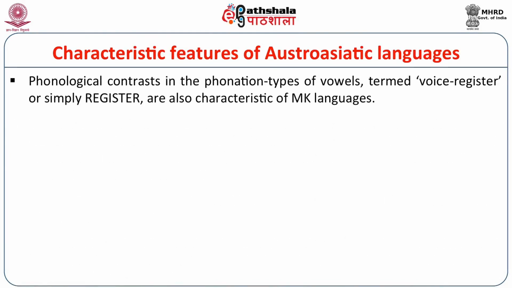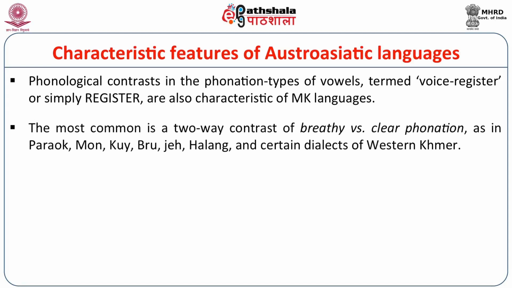Phonological contrasts in the phonation types of vowels, termed voice register or simply register, are also characteristic of Mon-Khmer languages. The most common is a two-way contrast of breathy versus clear phonation, as in Parauk, Mon, Kui, Bru, Jeh, Halang, and certain dialects of Western Khmer.